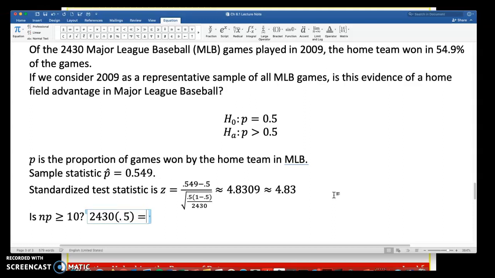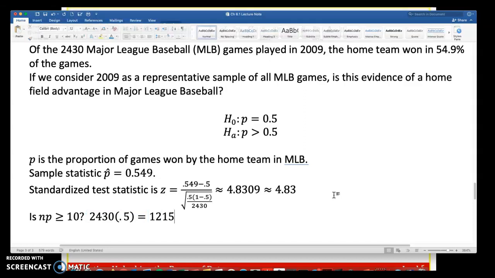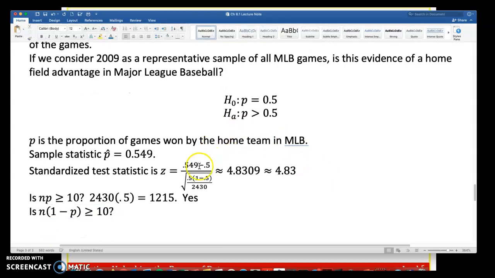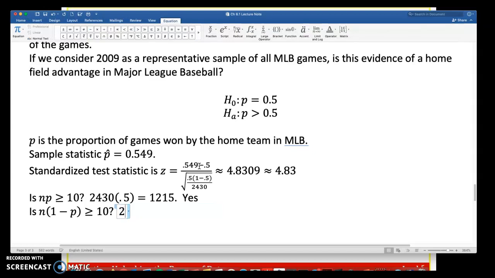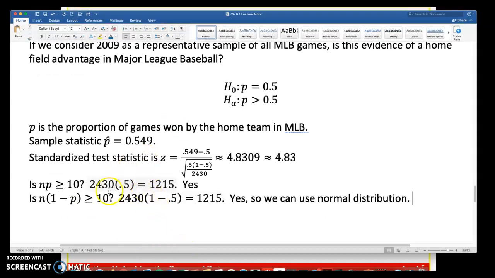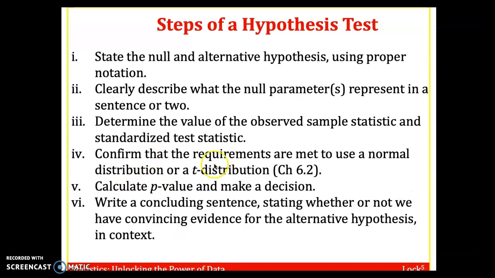This is much bigger than 10. We get it to be 1215. So yes. And the other question is, n times 1 minus p, at least 10? And this is also going to be yes. Our sample size is 2430, and 1 minus 0.5 is still 0.5, so I get 1215. Yes, so we can use the normal distribution. All right, so I've got at least 10 successes, at least 10 failures.